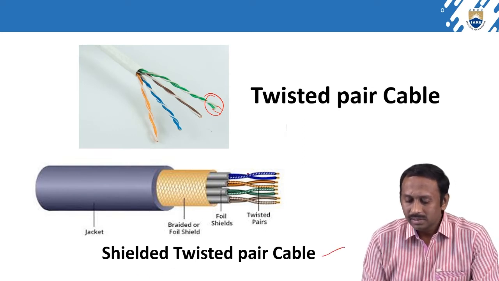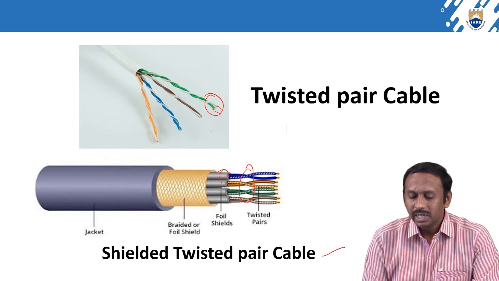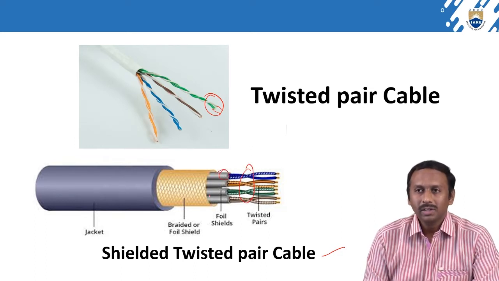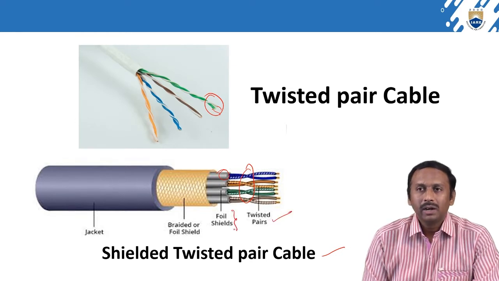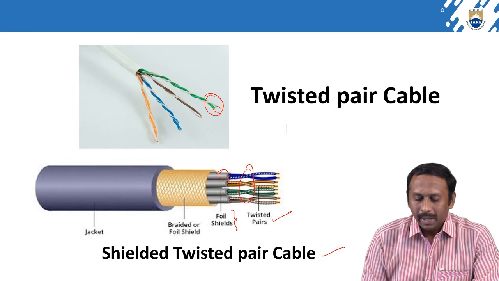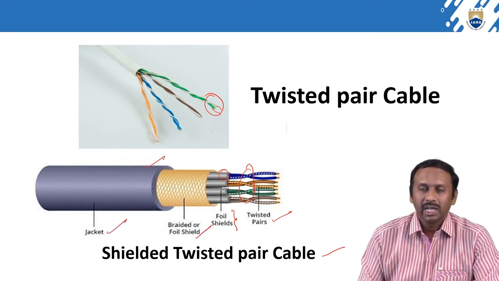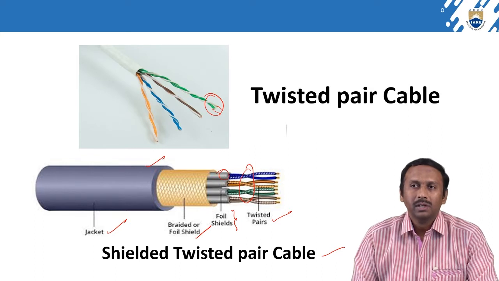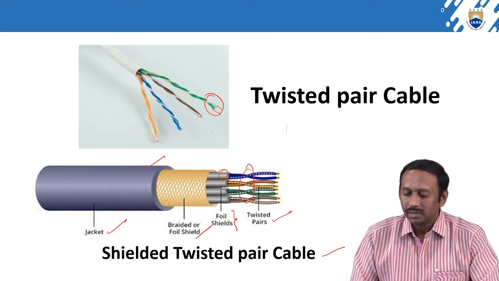Here all these wires are again shielded with other materials. This is a foil shield, a barrier, which we can call a jacket for the complete set of wires. This is a representation of how the wire looks.